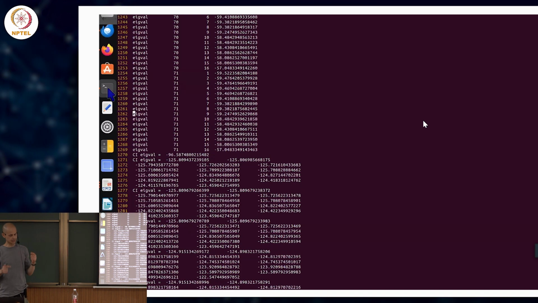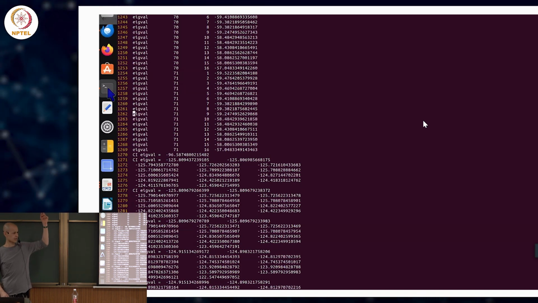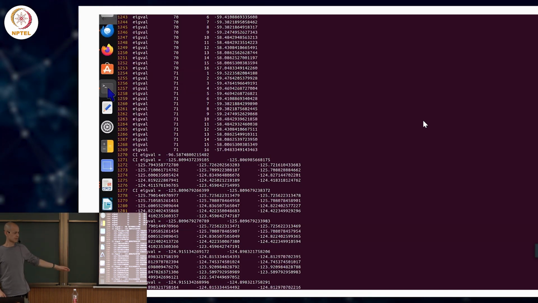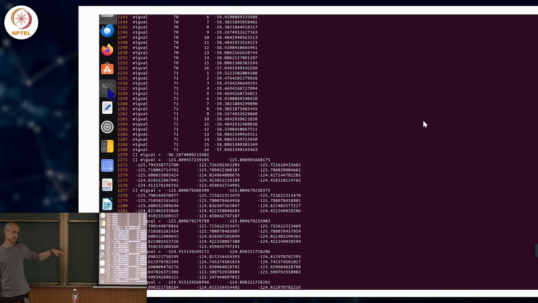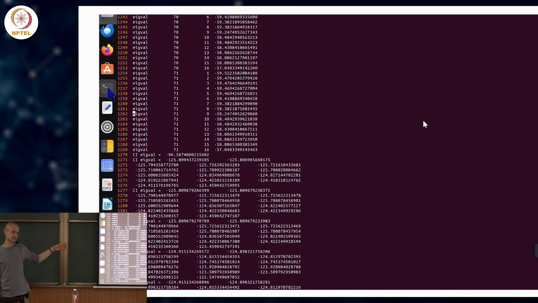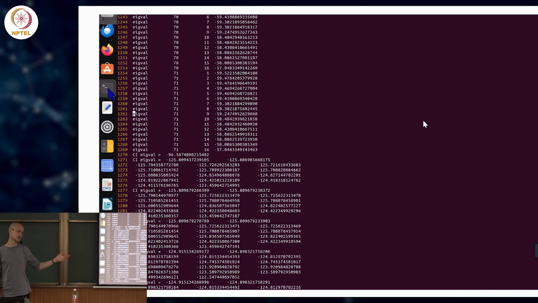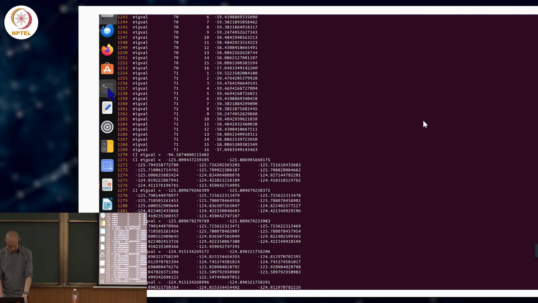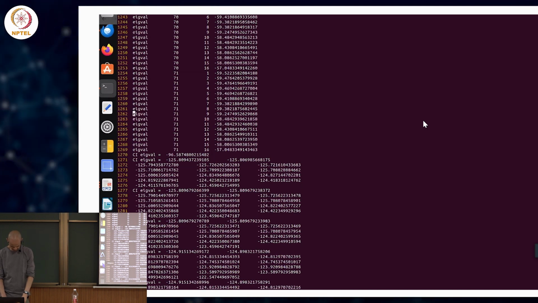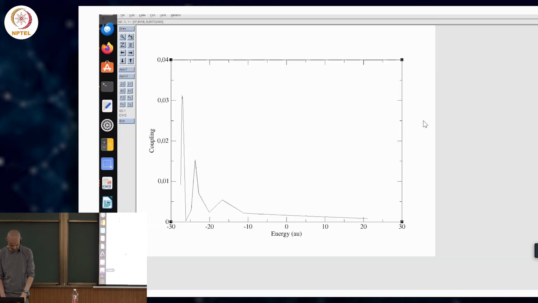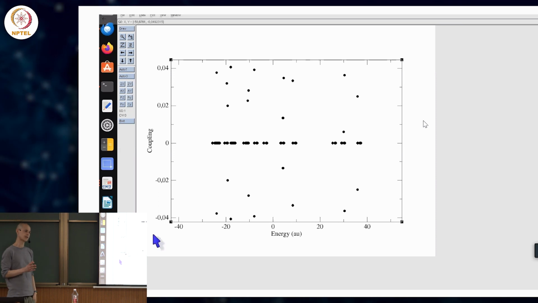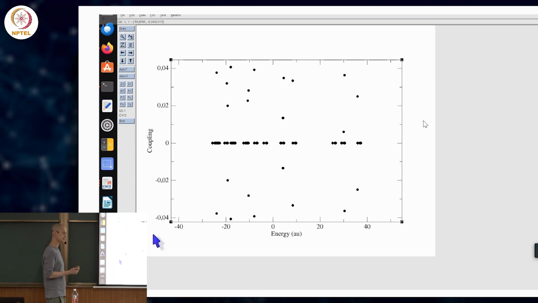But I can compute the coupling between the first one that I showed you and all of them. Then I compute the moments from this distribution, and then I do Stieltjes to get the right coupling.